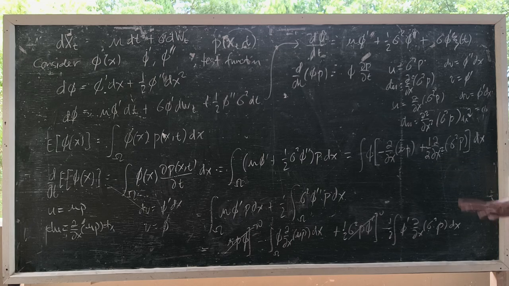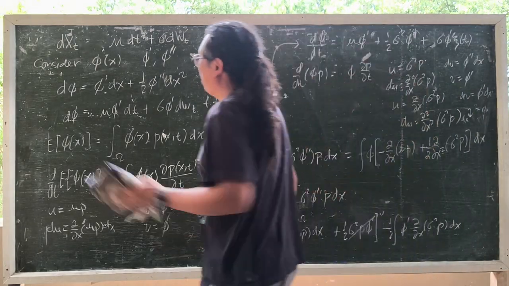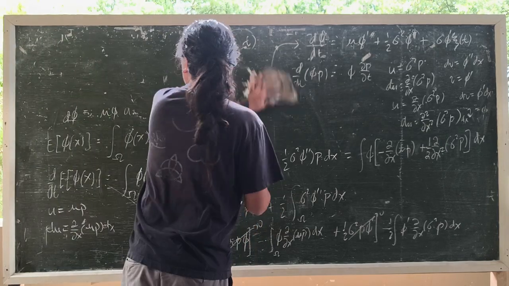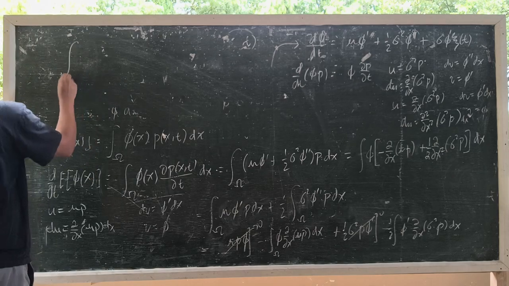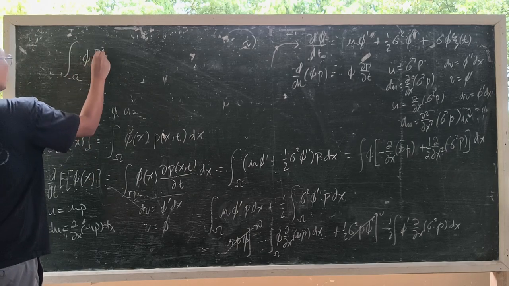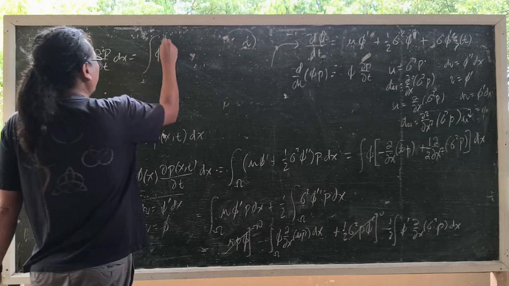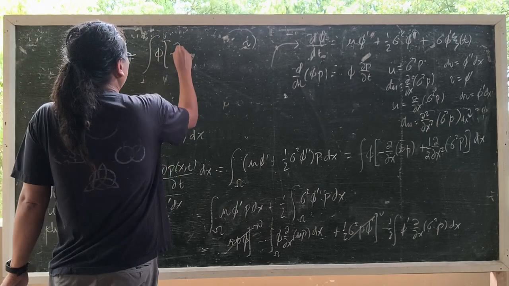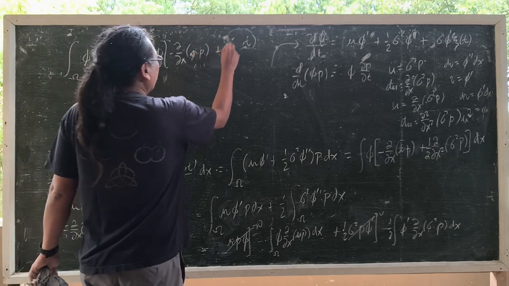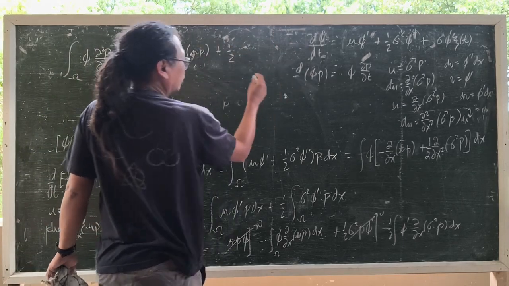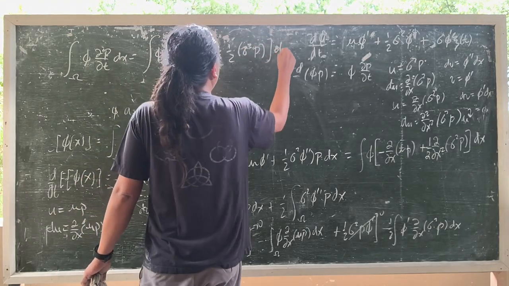Now, notice that since phi is a test function, compare this integral. In general, we have this final form of the integral over all omega of phi partial p over partial t dx equals the integral of phi times minus partial over partial x of mu p plus 1/2 partial squared over partial x squared of sigma squared p dx.